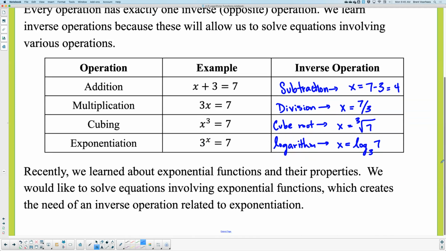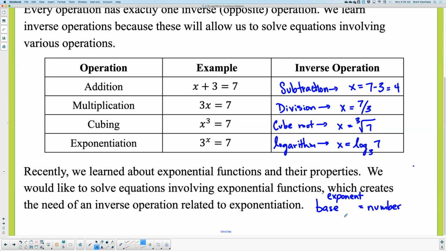So recently we learned about exponential functions and their properties. We would like to solve equations involving exponential functions, which creates the need for an inverse operation related to exponentiation. Okay, here's what I want you to write. Here, put a base raised to an exponent equals some number.